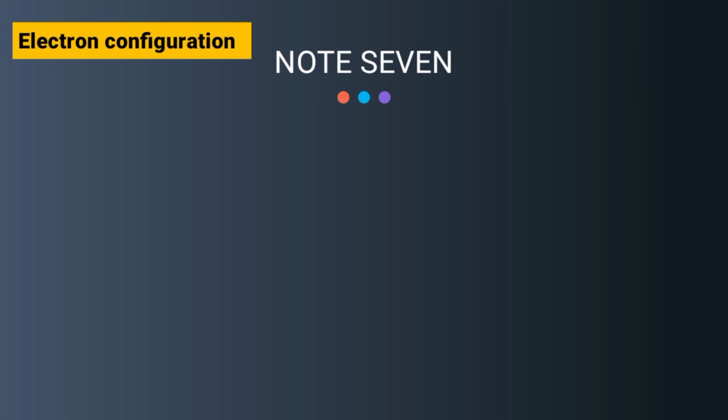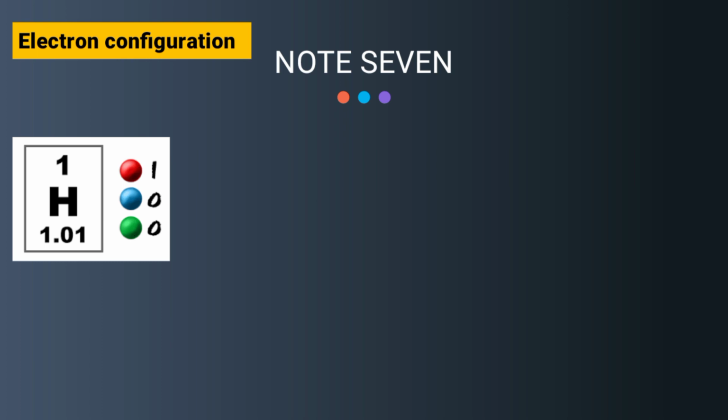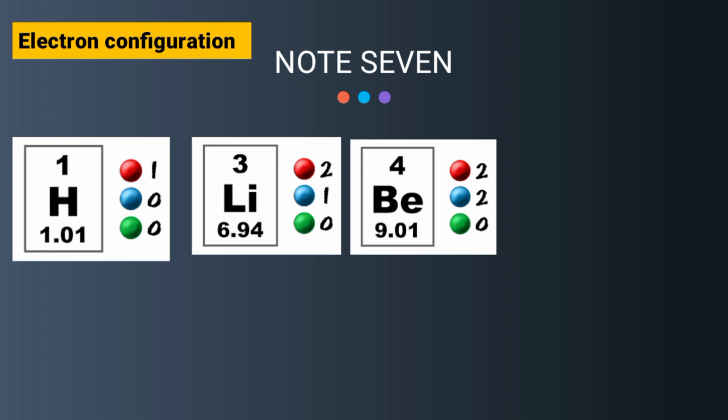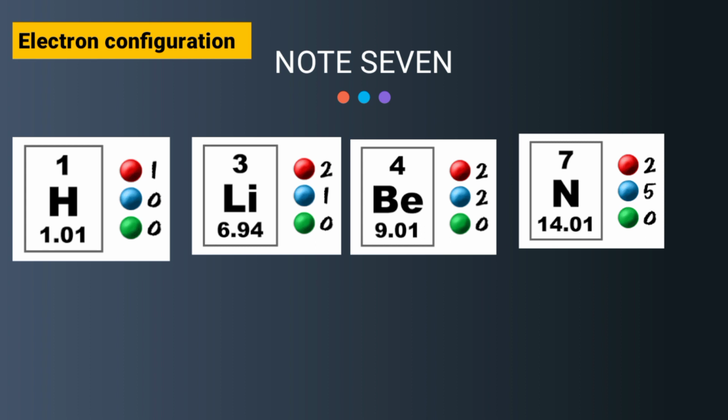Electronic configuration is very, very important here, and I have some examples. Like hydrogen, the K shell is 1. If you look at lithium, we have K shell is 2, L shell is 1. You can see it here. And we have something like beryllium: K shell is 2, L shell is 2. And we have something like nitrogen: K shell is 2 and L shell is 5.